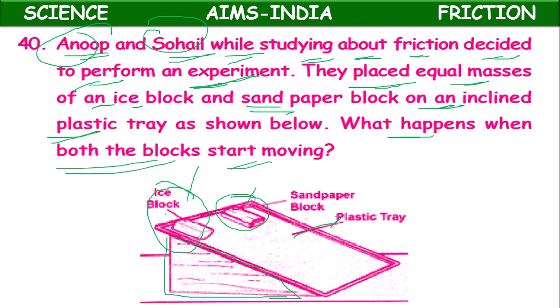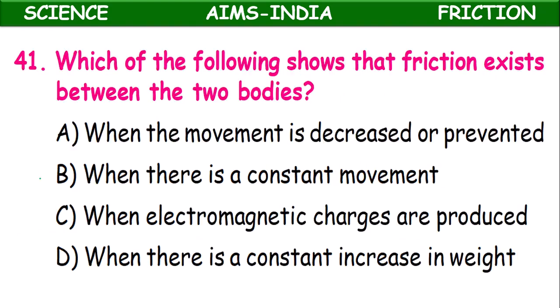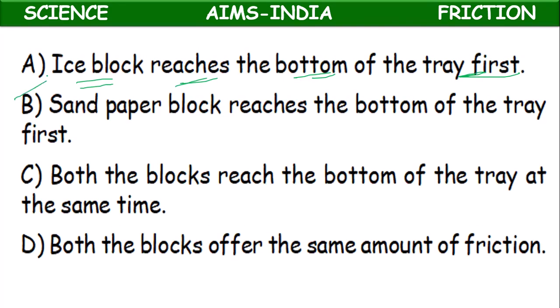When both the blocks start moving, ice will produce less friction compared to the sandpaper. So ice will reach the bottom of the inclined plane first. So the ice block reaches the bottom of the tray first. So option A is correct.